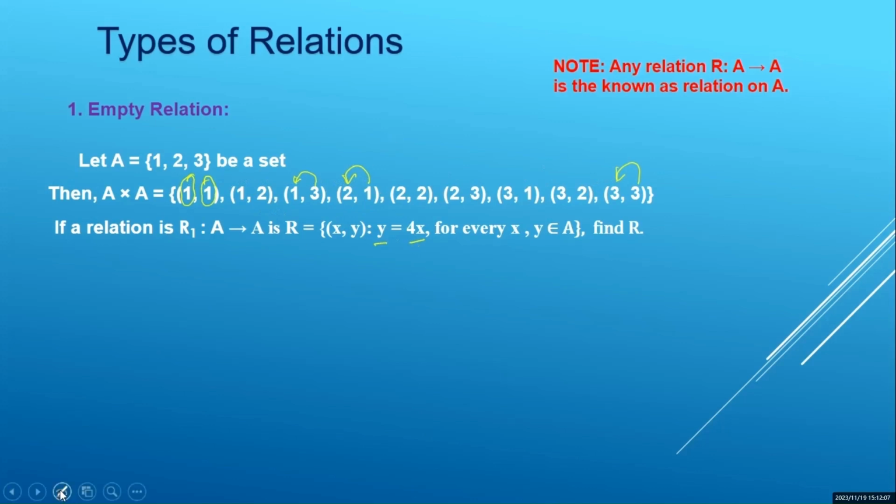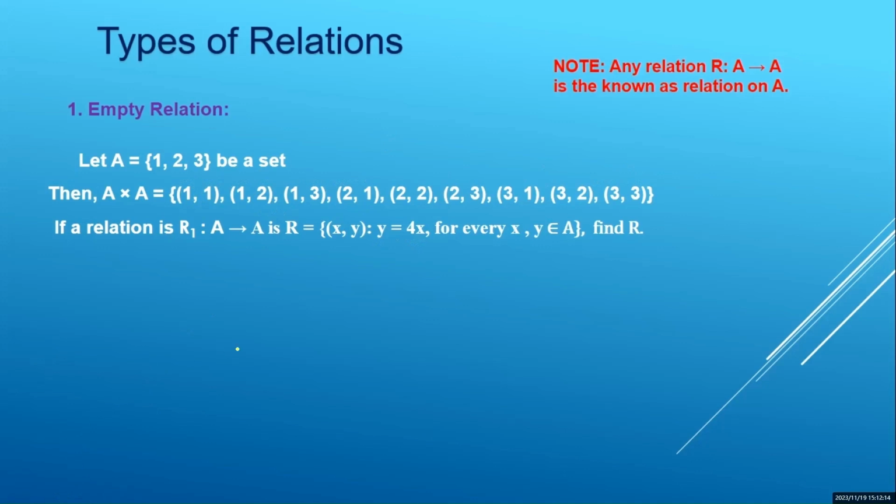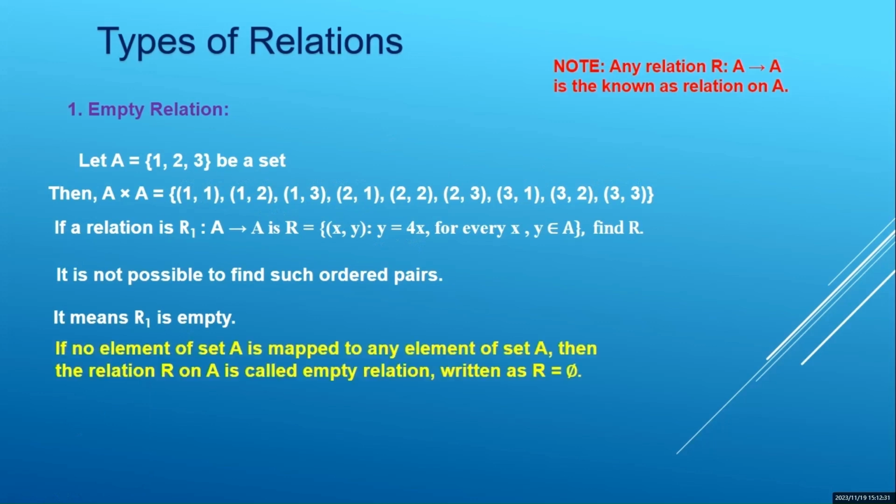So this relation is defined, but there is no such ordered pair. So this type of relation is called empty relation. R1 is an empty relation. So how do we define an empty relation? If no element of set A is mapped to any element of set A, then the relation R on A is called an empty relation.